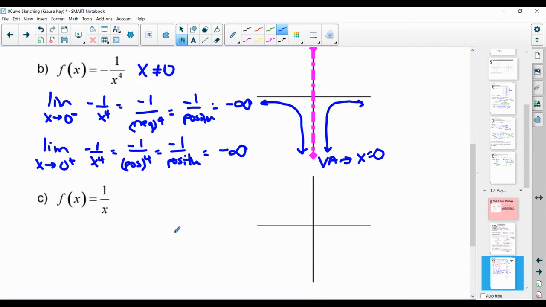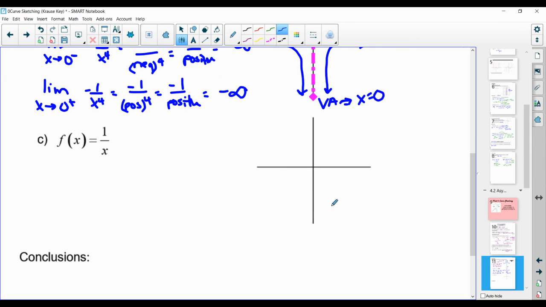All right, now if we have f of x equals 1 over x, again, we have a restriction that x cannot be 0. If we look at approaching 0 from the left, any value in there is going to be negative, so 1 over a negative number means we're approaching negative infinity.